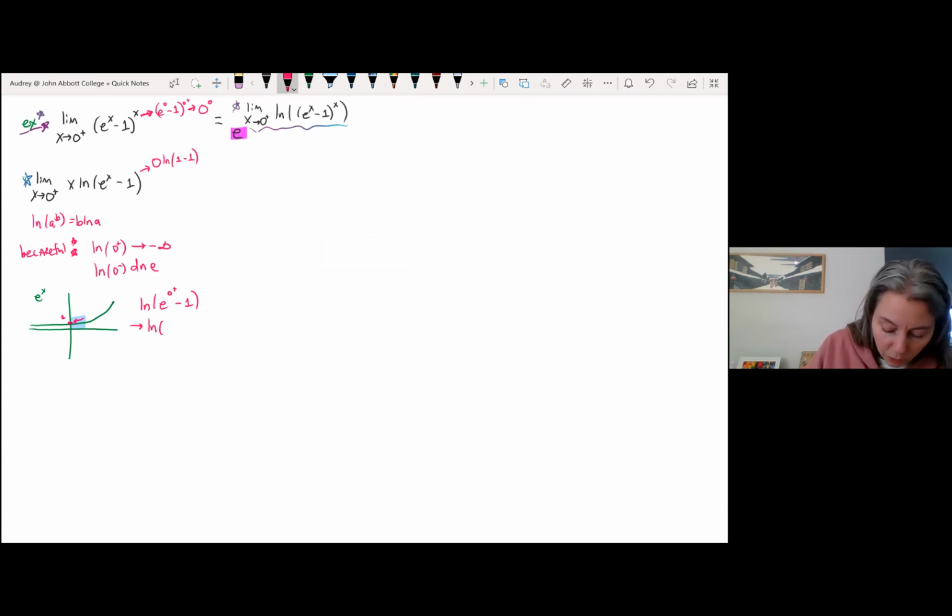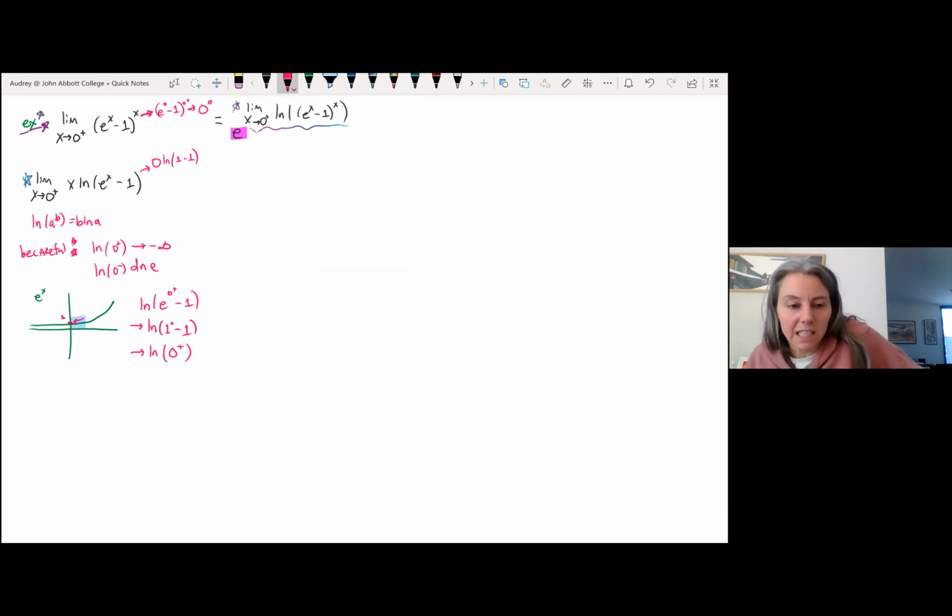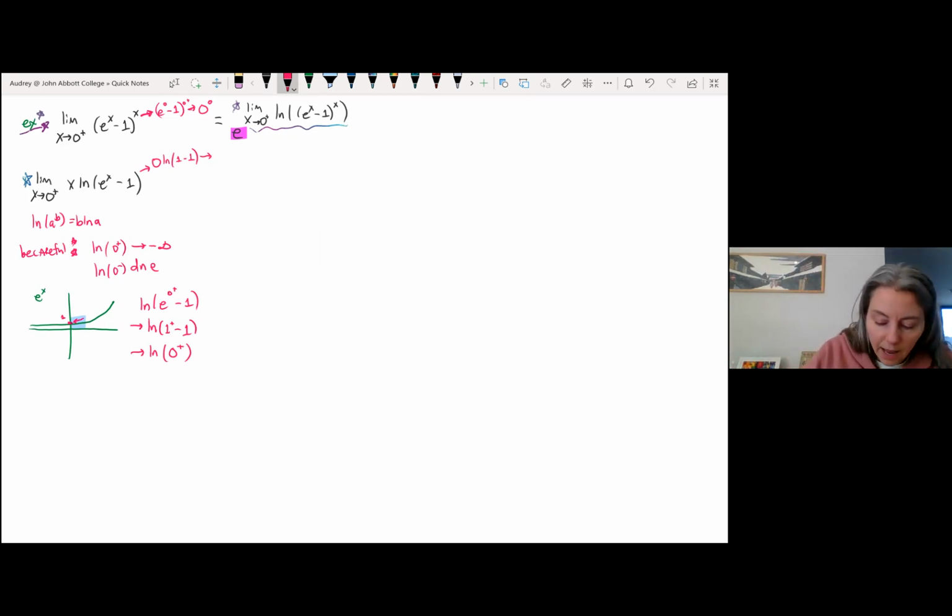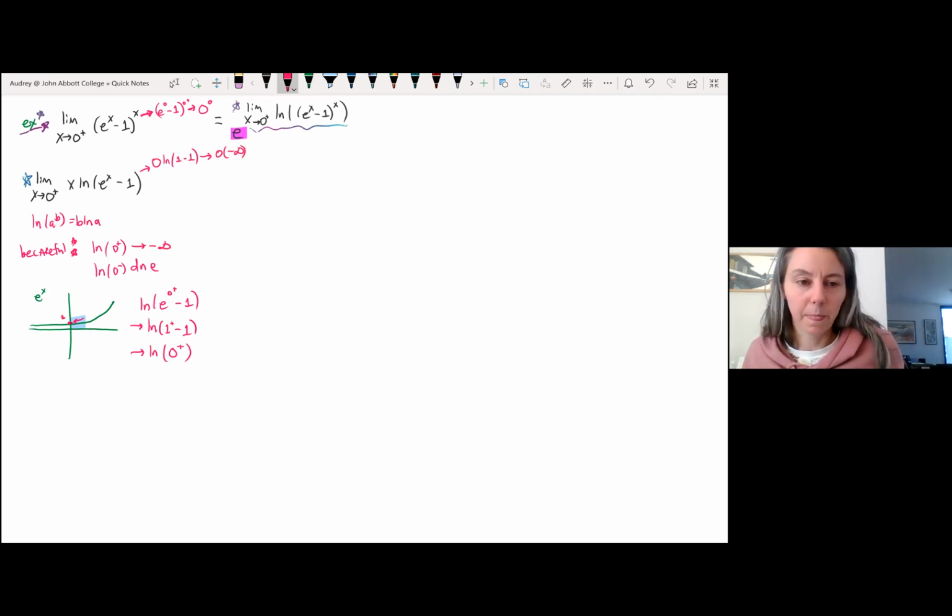So I can look at this as 1 from the right minus 1. In other words, even though 1 minus 1 is 0, as we get closer and closer to 0, our values are going to be positive because that e to the 0 from the right is bigger than 1. So then I can say that this is 0 times negative infinity.